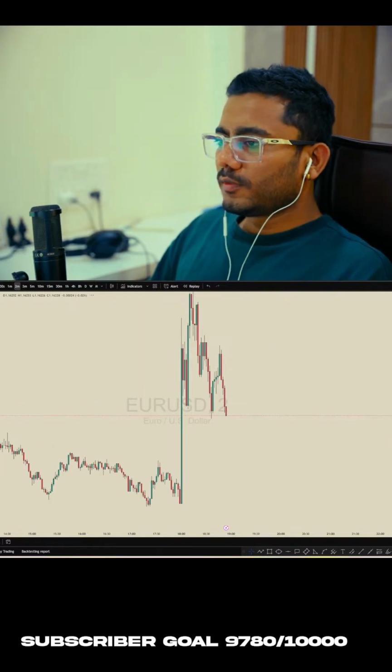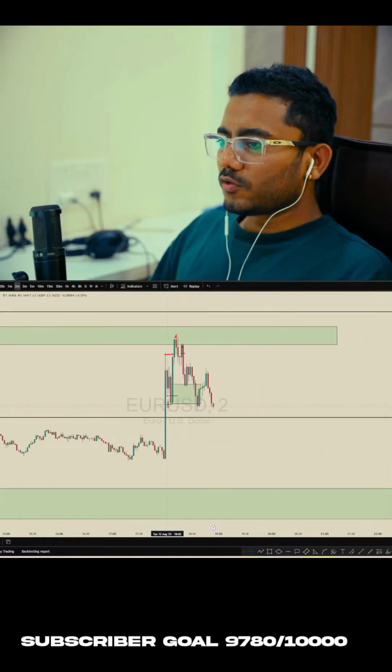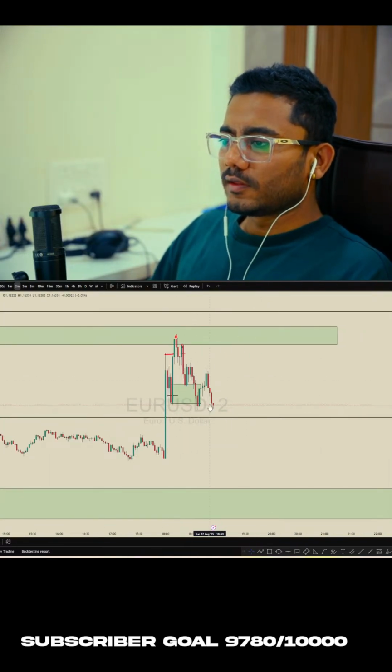On AU, the same thing has happened. Price broke the previous structure and retested this area.